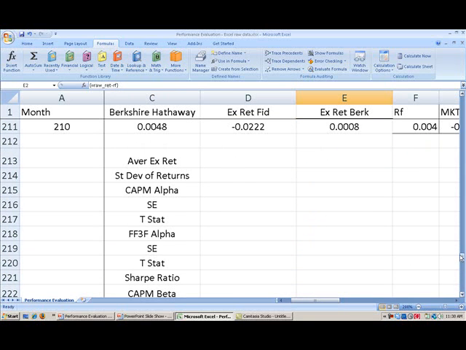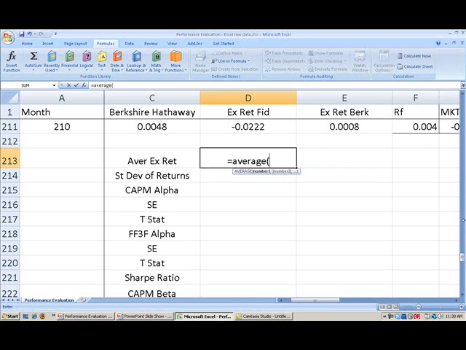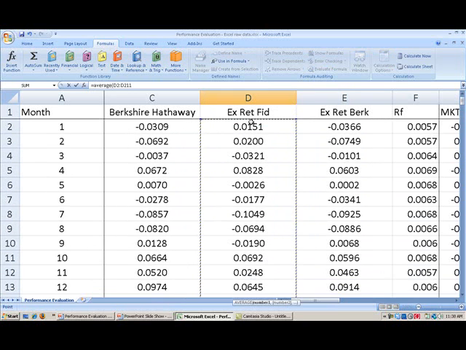We're now ready to start doing calculations. First of all, let's do some summary statistics. So the average excess returns is going to be equal to average, open brackets, and then select the excess returns for Fidelity.